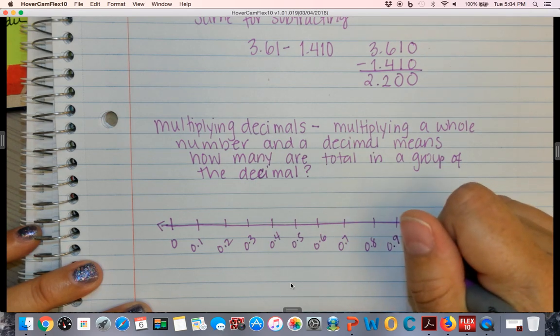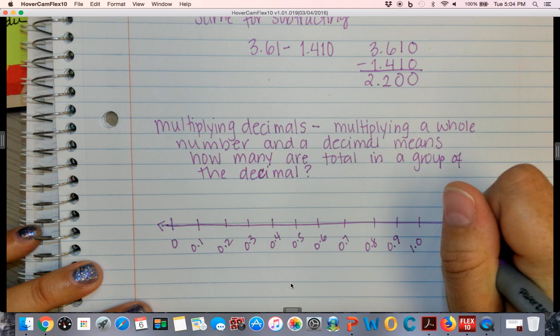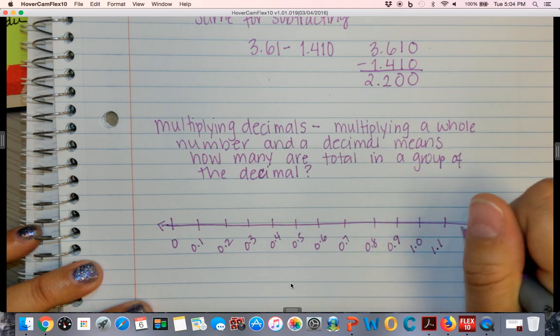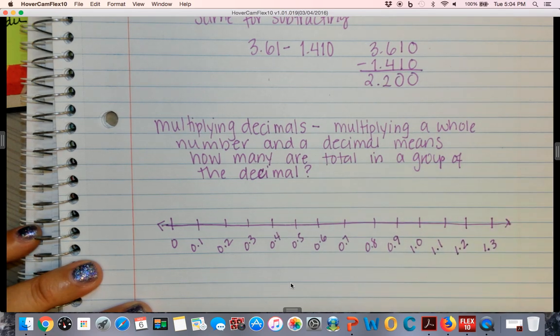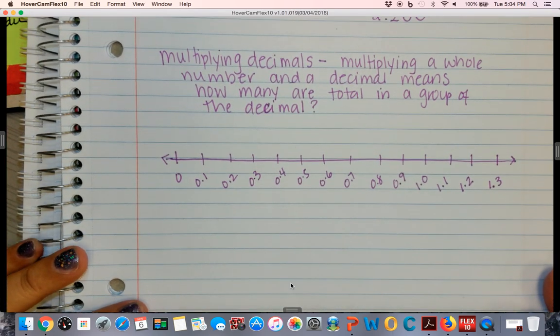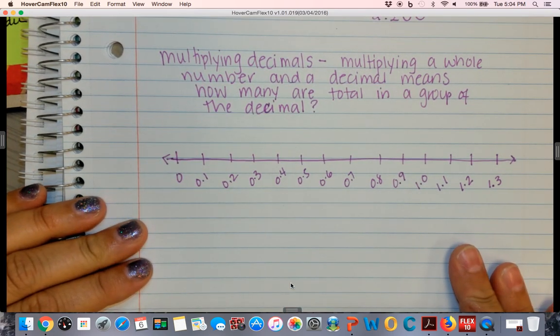After 0.9, I get into a whole: 1 or 1.0. 1.1 or 1.10. 1.2, 1.3. So there's my quick little number line.